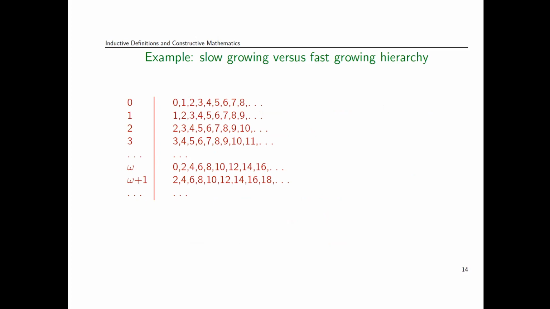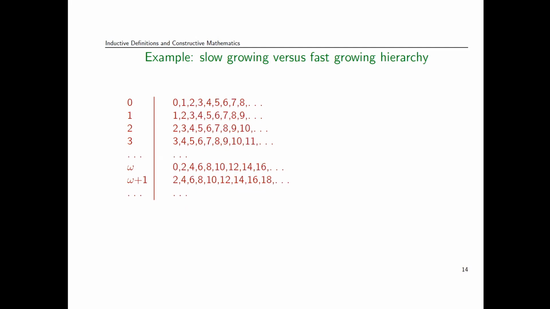So you have 0, 2, 4, 6, and so on, the even numbers. Omega plus 1, you shift the sequence, and so on. In this way, you associate functions to ordinals of the second class. The goal of Hardy in this paper was to show that all these functions are different, so there are Aleph1 functions in this way.